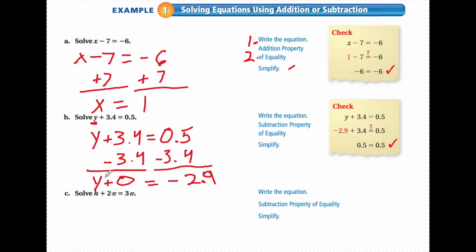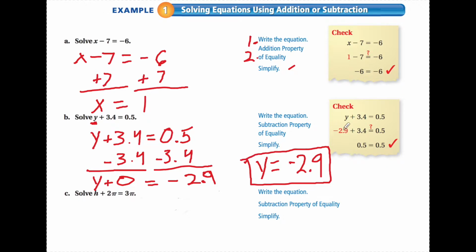We can simplify this now. Y plus 0, well, anything plus 0 is just y. So our final answer is going to be y equals negative 2.9. So this will be our final answer for this one.